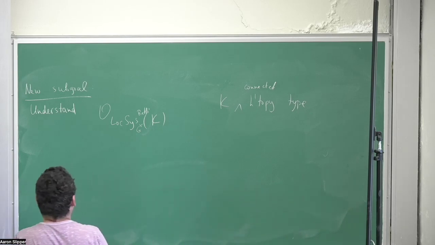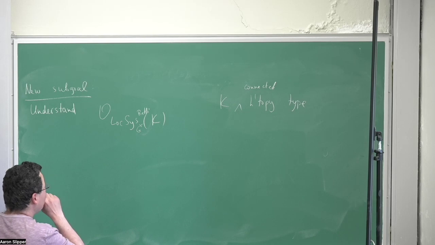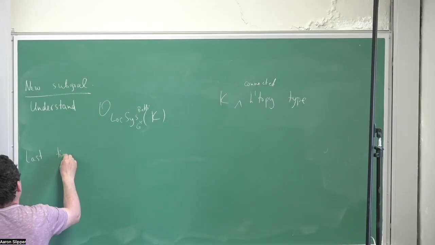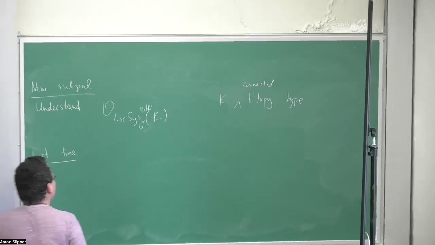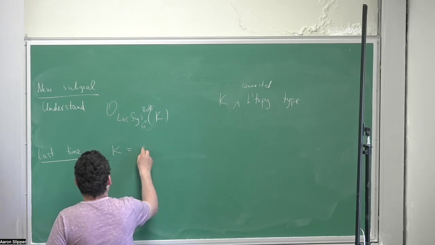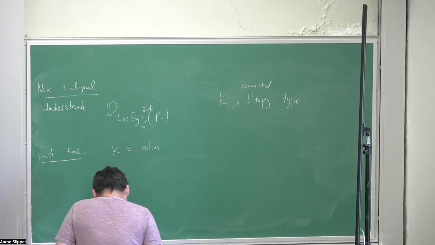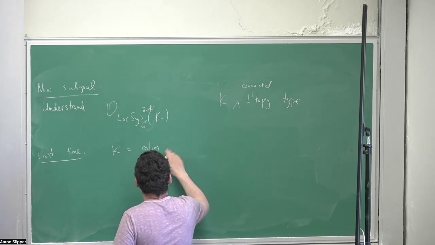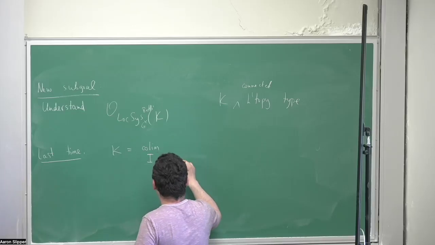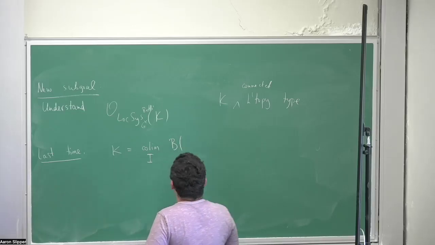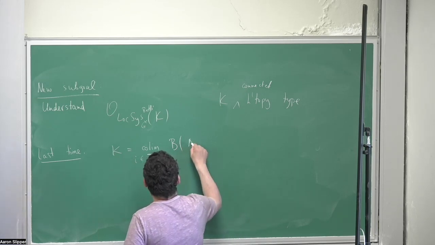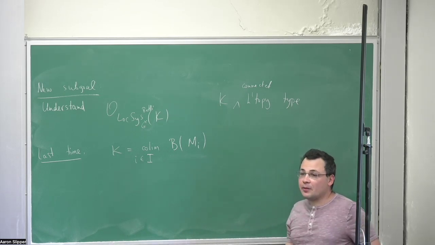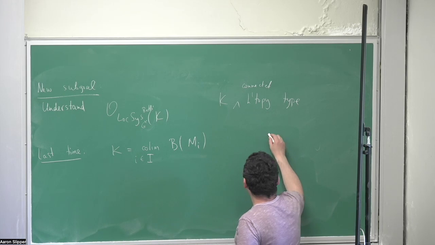And so, well, the point is, what do we know? I think last time it was explained that in such a situation, let me write it like this: K is B of M sub I, so that any connected homotopy type you can write as a sifted colimit.